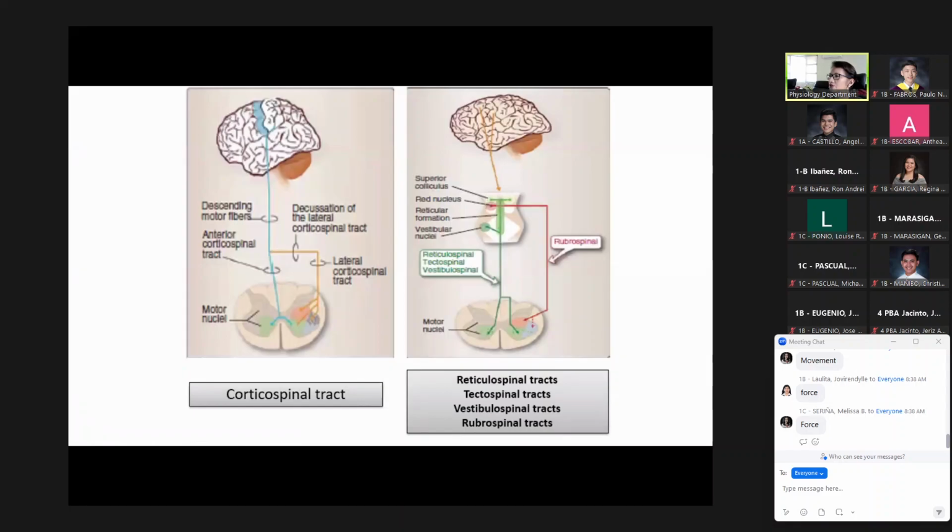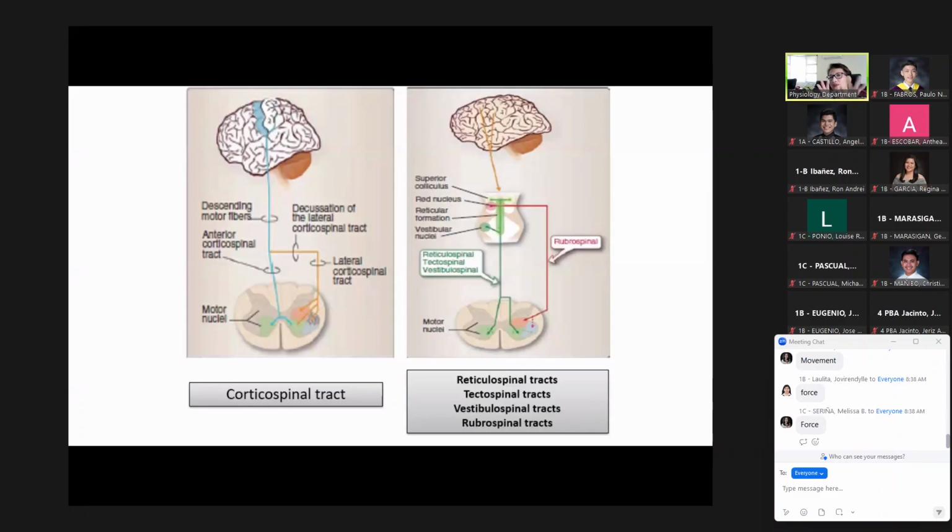Okay, so you can see that they terminate in the medial portion of the spinal cord, the anterior portion of your spinal cord. They all influence lower motor neurons. These neurons here are referred to as upper motor neurons.